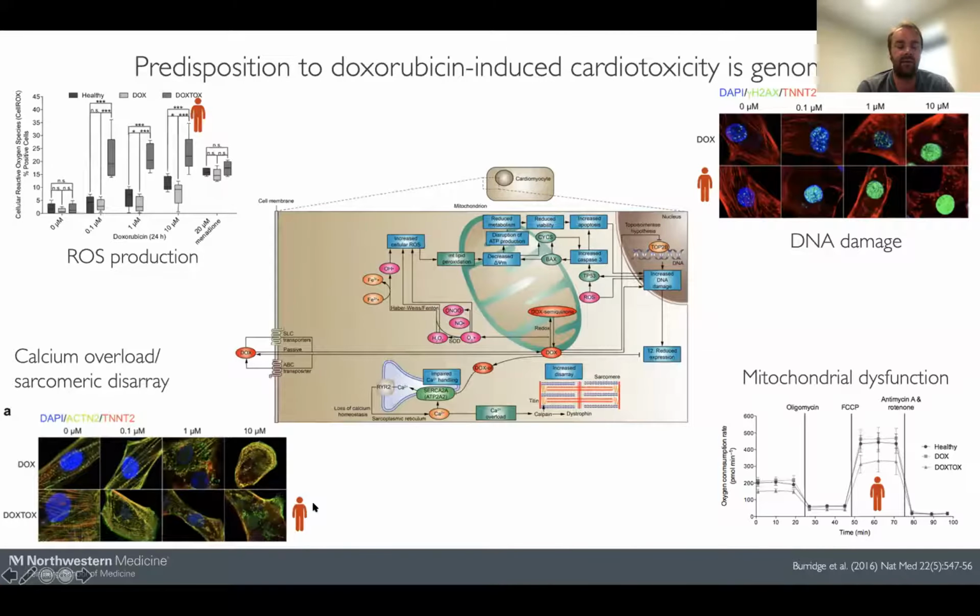Again, in patients who had toxicity, their iPS cell cardiomyocytes have that at a lower dose. And then finally, there's mitochondrial dysfunction. In doxorubicin cardiotoxicity, mitochondrial dysfunction is a part of all of the different mechanisms. If you have DNA damage, that's usually sensed by a mitochondria-related process. Obviously, the reactive oxygen species is related to mitochondrial function as well.